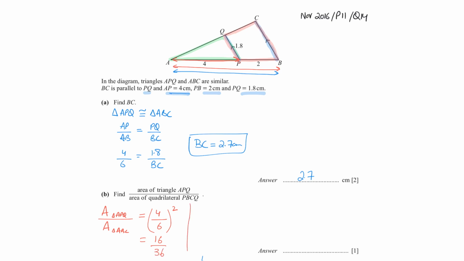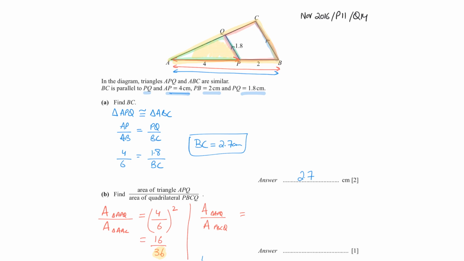Then you can find the ratio of the area of triangle APQ over the quadrilateral PBCQ. Now we know that the entire larger triangle ABC can be divided into 36 parts, out of which APQ is 16 parts.